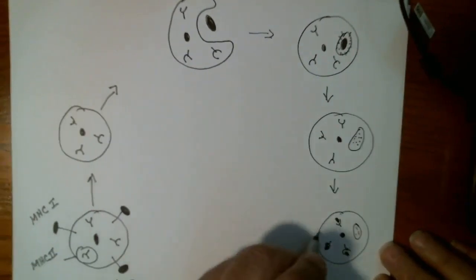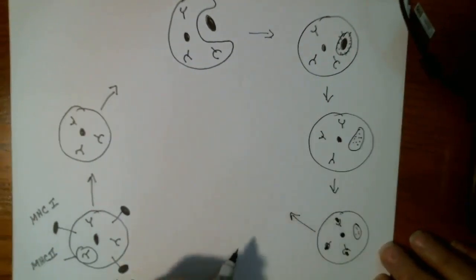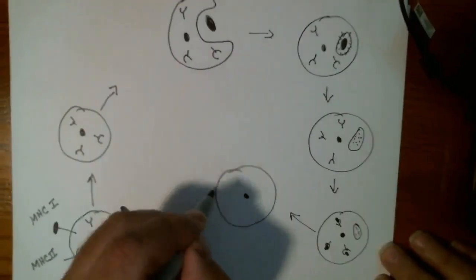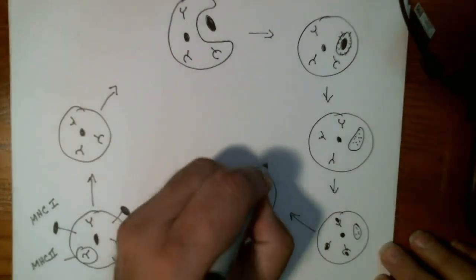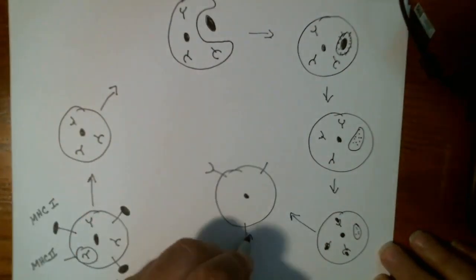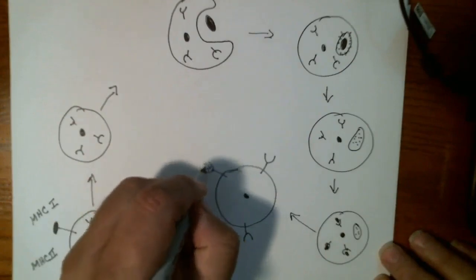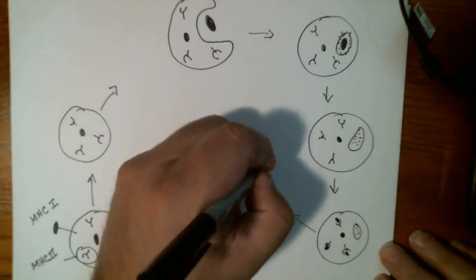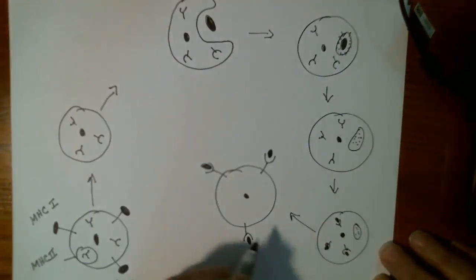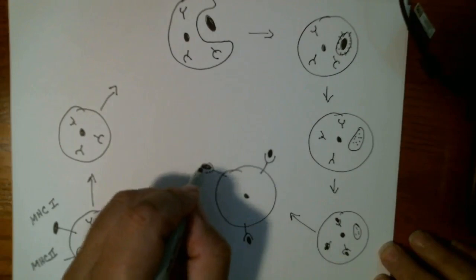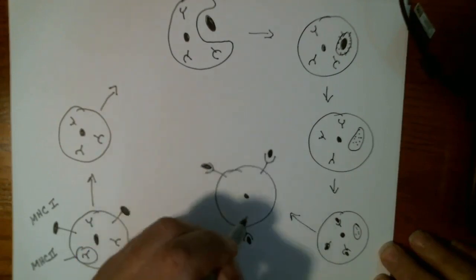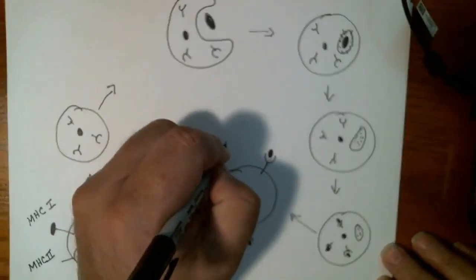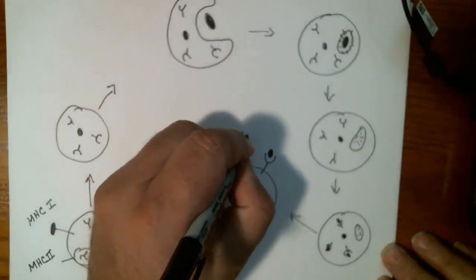Once the pathogen binds to the major histocompatibility complex, the class 2 major histocompatibility complex will be transported to the surface of the cell along with the pieces of antigens that have been attached to them. And that macrophage will now present the antigen on its surface. This macrophage is now referred to as an antigen presenting cell.